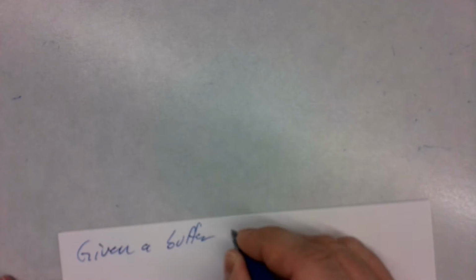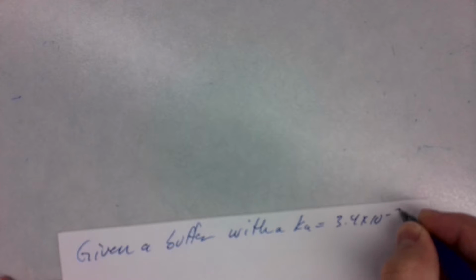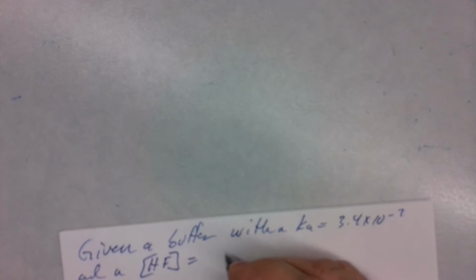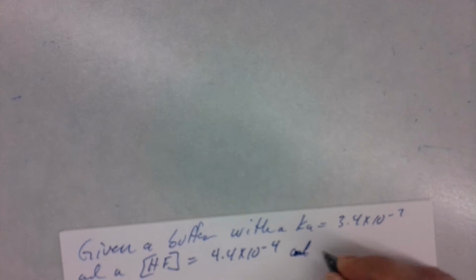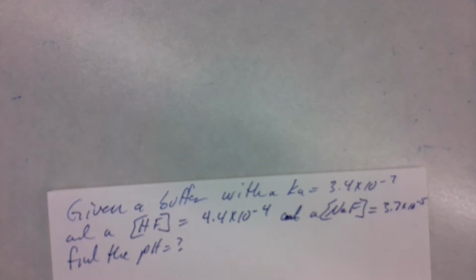So given a buffer with a Ka equal to 3.4 times 10 to the negative 7th and let's go in HF concentration equal to, I don't know, 4.4 times 10 to the negative 4 and a NaF concentration equal to 3.7 times 10 to the negative 5, find the pH. Okay?